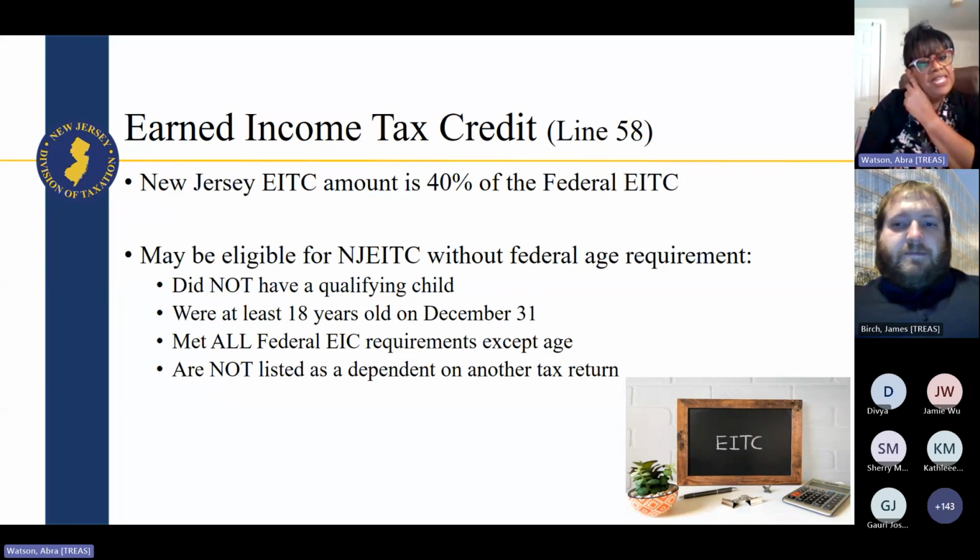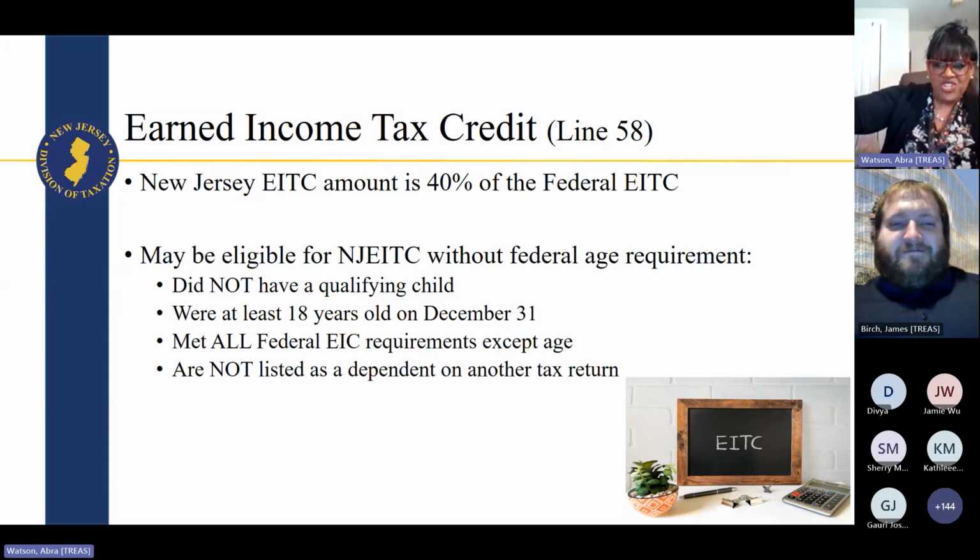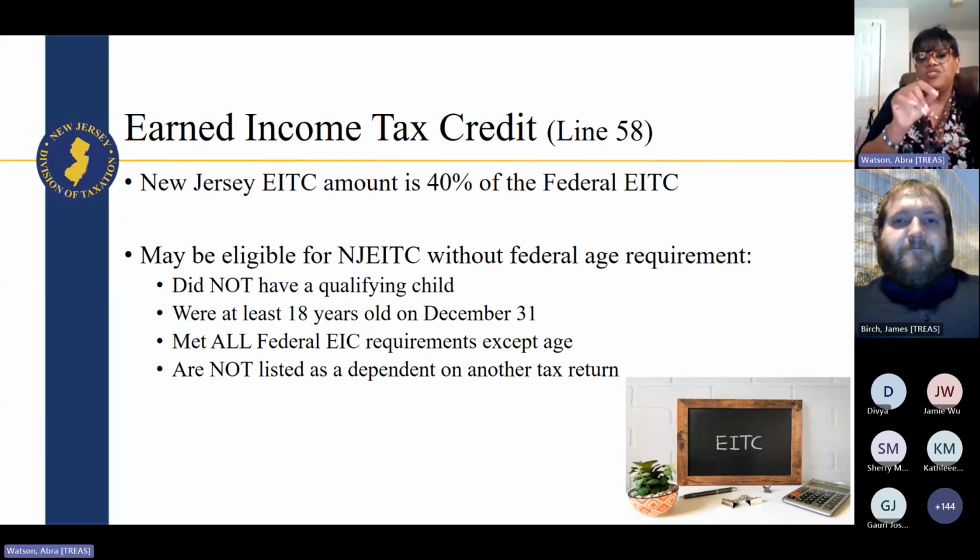So that we took away the 65. Anyway, it's 40% of the federal EIC, and they have to be eligible, or may be eligible, for the New Jersey EITC without the federal age requirement.